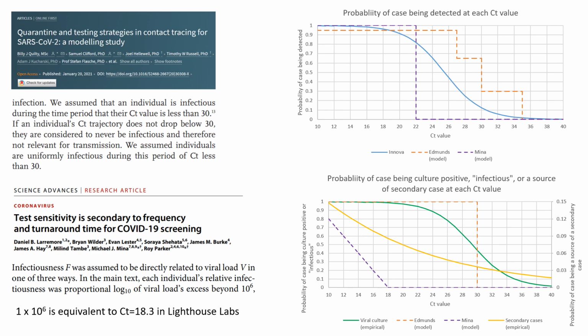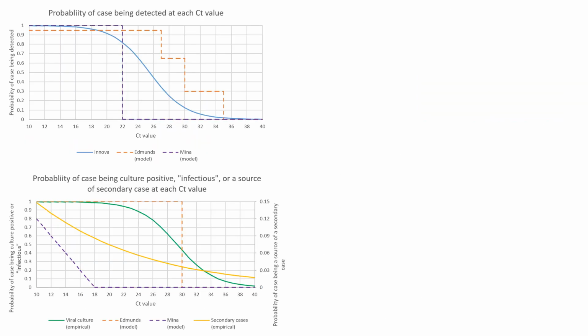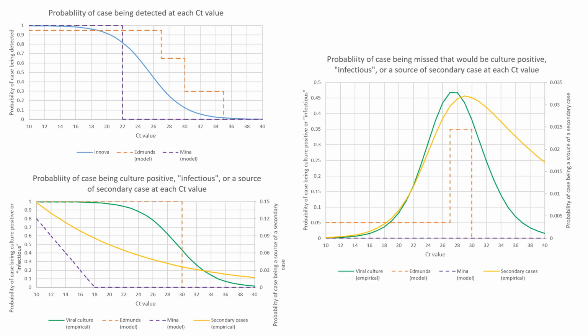Now, what happens when we put these 2 graphs together in the same way we did before? Well, we can see here the yellow and green lines are the 2 we've seen before. The orange dashed line shows that the Edmunds model really underestimates the amount of time and magnitude of the risk of missing people, either who could have viral infection or could infect others. But the Mina model is even more extreme. The way that it's constructed is actually always predicting that nobody will be missed who is infectious in this model.